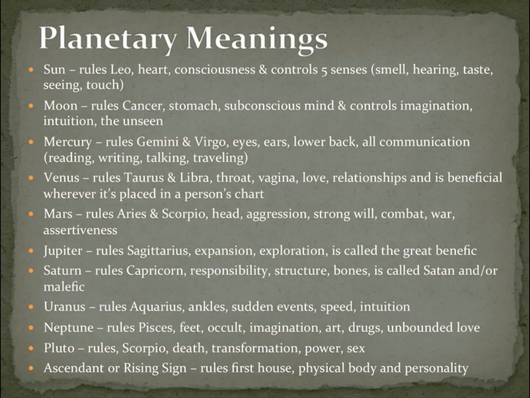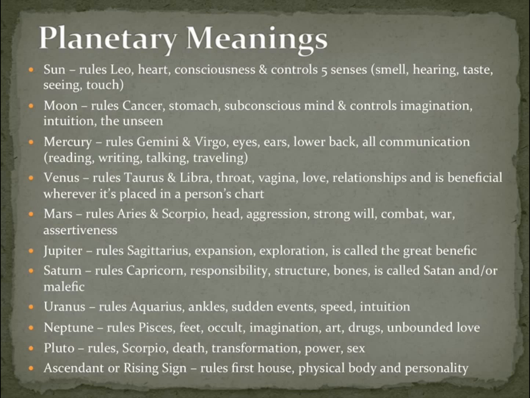A person's rising sign governs the first house of physical body and is the entry point into the earth plane. An astrologer can tell a lot about a person's physical body and how they present themselves to the world just by knowing their rising sign. That's how important it is.